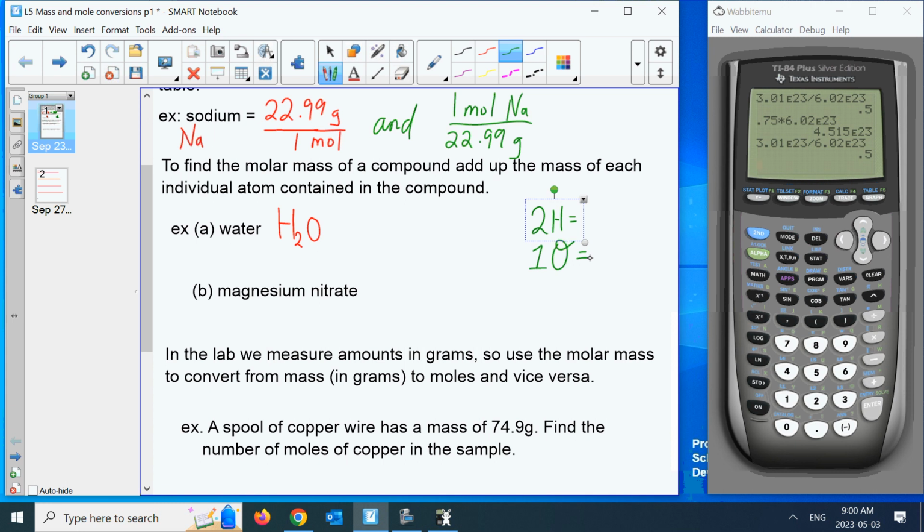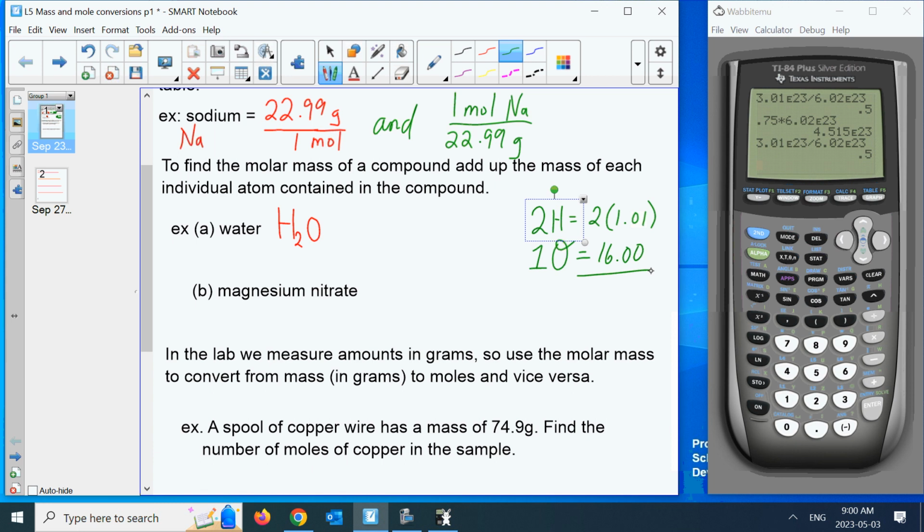This one I can do in my head, but usually they aren't numbers like 63.55. So I'm going to put this on my calculator: 2 times 1.01, which I get from the periodic table. The oxygen, I'm not going to put 1 times, but it is 16.00. These are in grams. And then I'm going to add those up.